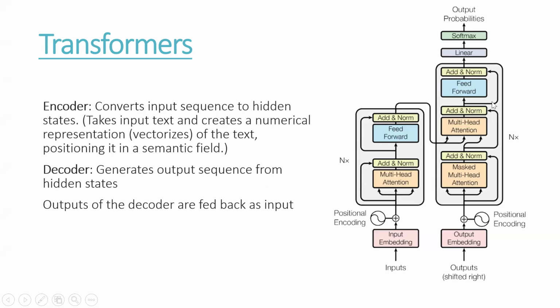The work of the decoder is to find the next probable word. There is something called a softmax layer. This layer will give me the probability of the possible tokens. As I talked about, suppose there are only 1,000 words in my dictionary.